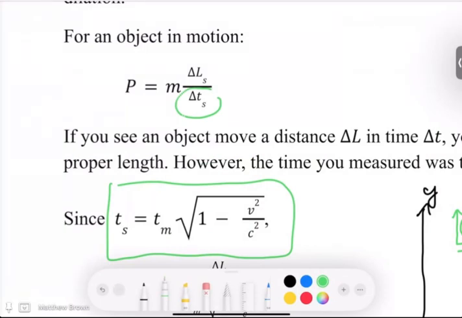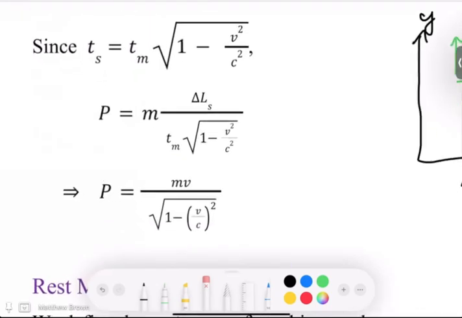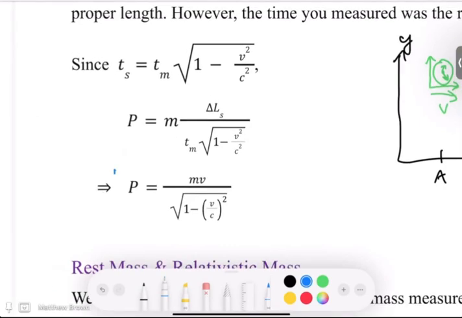We're measuring Tm. So if we substitute that in here, we end up with a nice new equation for momentum. This is for us, measuring something going by: how much momentum does it actually have?